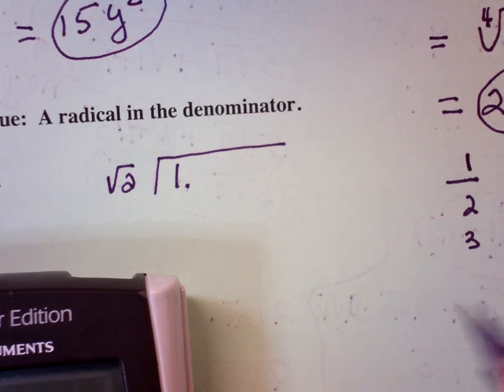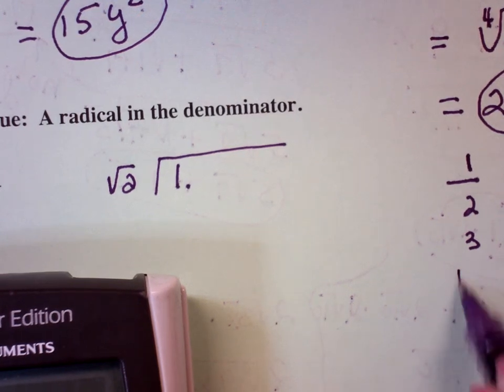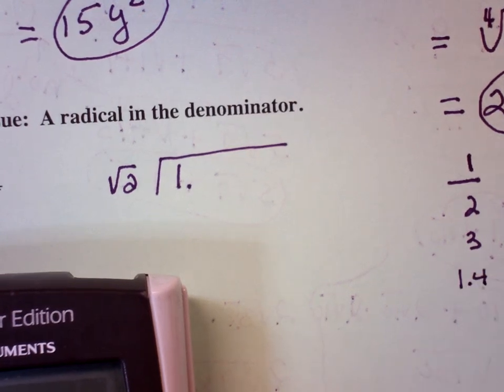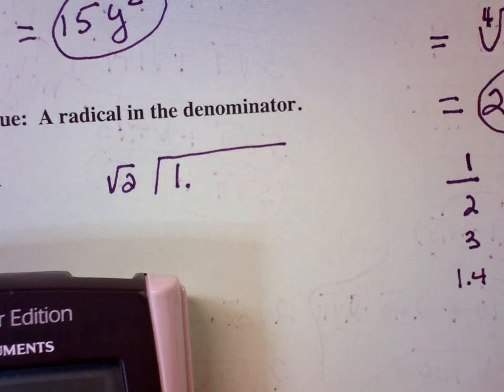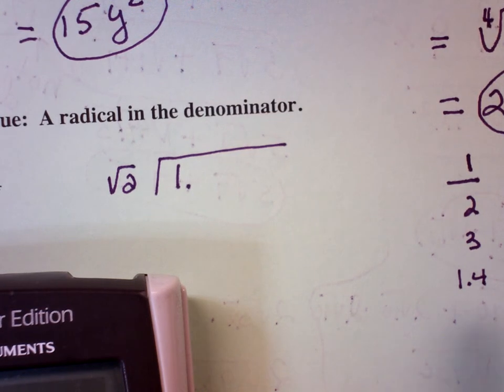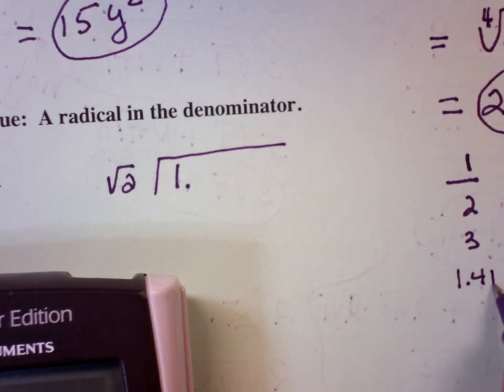Now, once you did 1.4, then you do 1.41 times 1.41, 1.42 times 1.42, 1.43 times 1.43, until you got bigger than 2. In this case, you don't have to go to 1.42 to say, okay, it's 1.41.